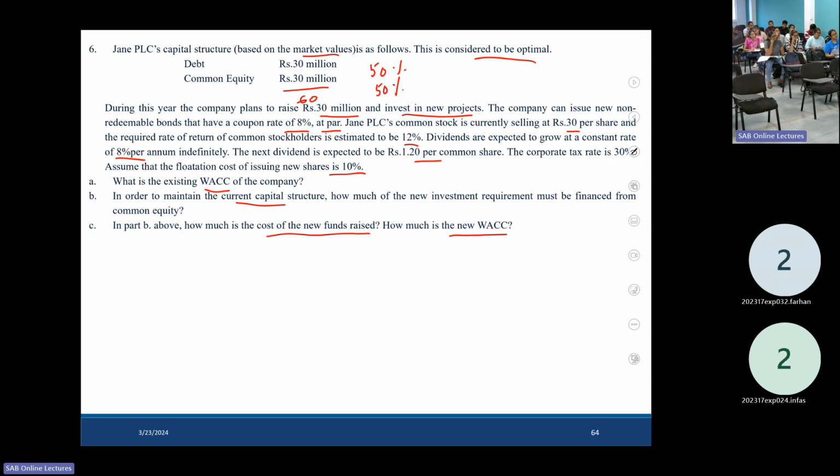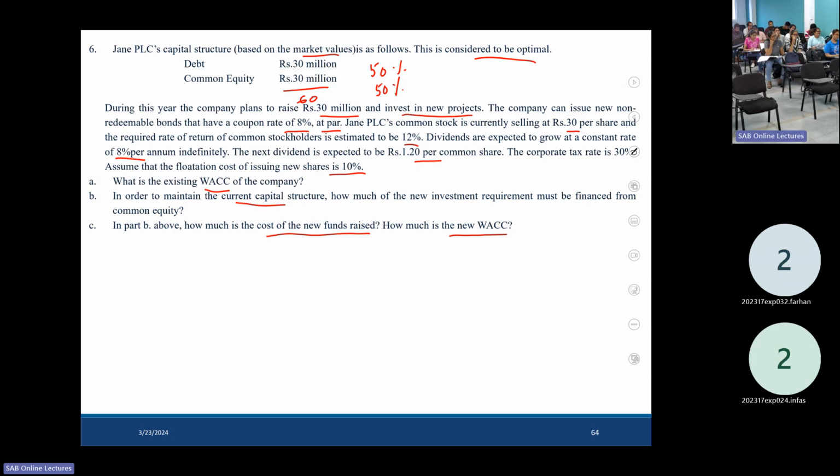If you are issuing a new bond issue today, this 8% coupon you determine by looking at the ongoing interest rate today, by looking at the market today and the future expectation. So this 8% represents what? What is this 8%? Cost of debt.